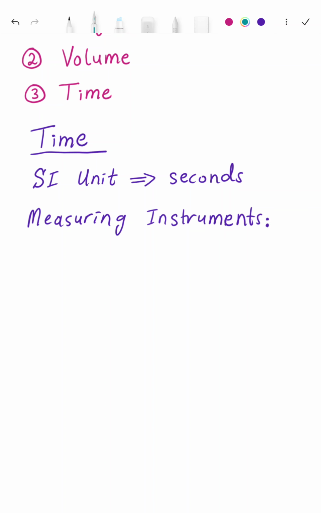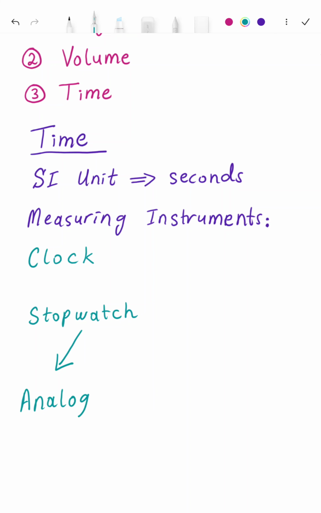For example, a clock, a stopwatch, and when we talk about the stopwatch, we have two different types of stopwatch. One is the analog stopwatch, and the other one is the digital stopwatch.